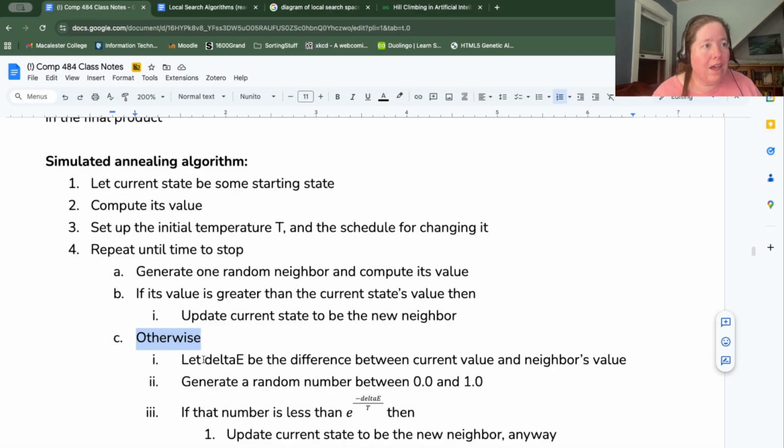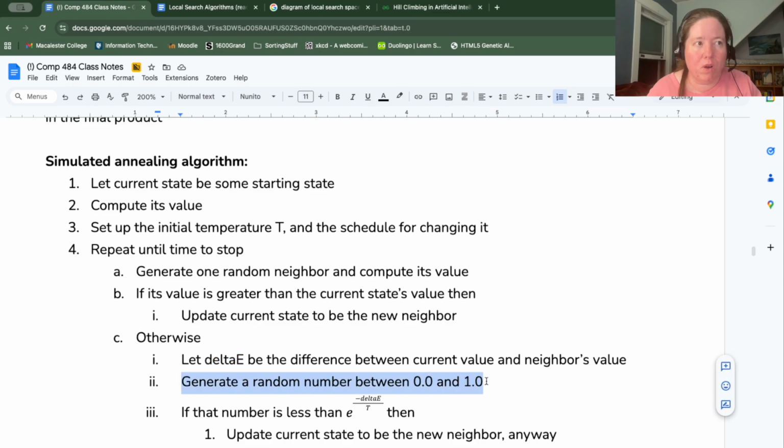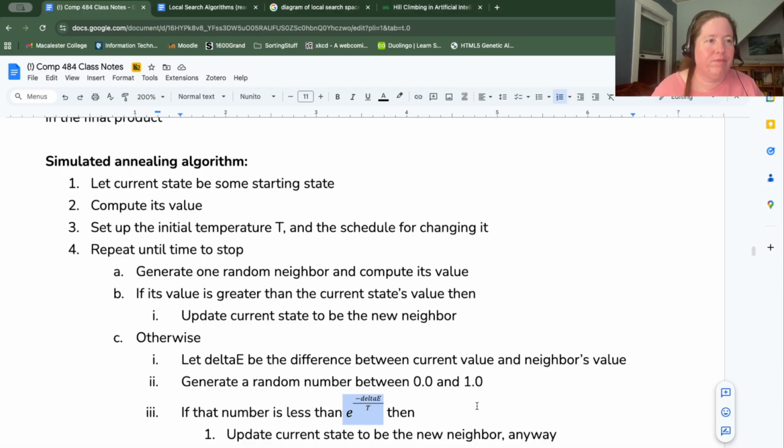So we calculate the difference in the quality between the current state and its neighbor. So delta E is just the difference in the objective function values for those two states. And then we generate a random number between 0 and 1, and we compute a threshold: E raised to the power of negative delta E divided by T. Fundamentally, as T gets larger, this threshold is going to get larger, as well.